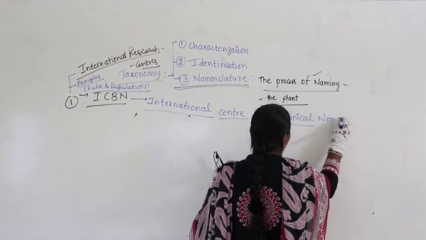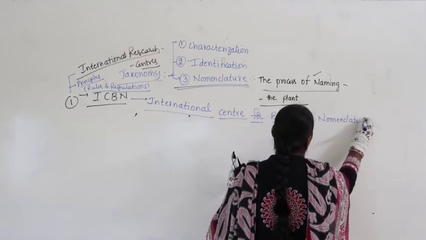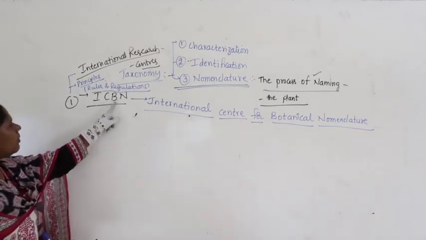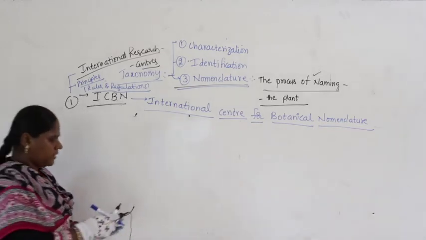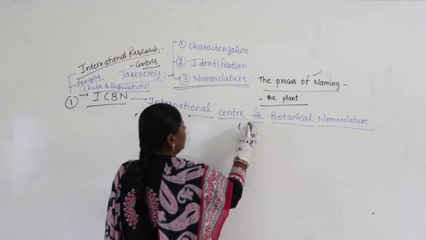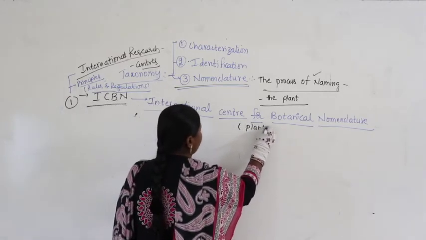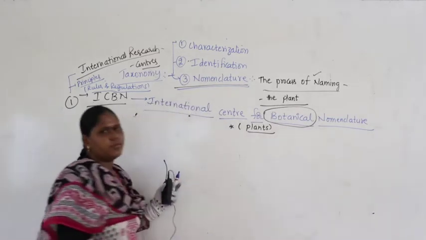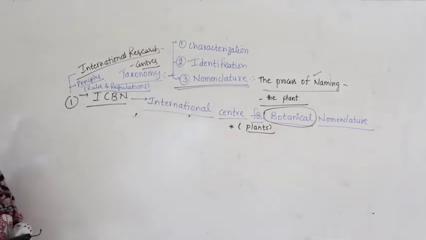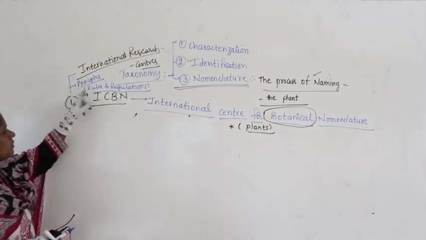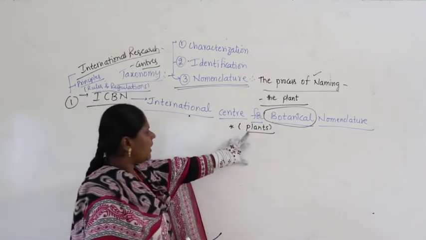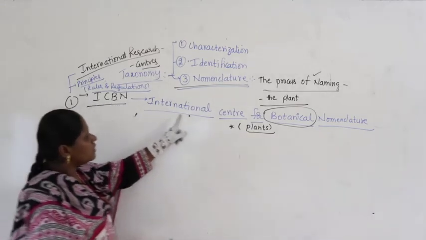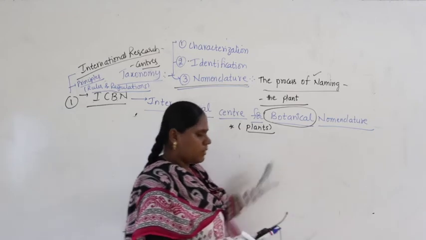This is used for giving names to plants, because it is for botanical nomenclature. This is one of the international organizations which gives certain principles, rules and regulations for naming plants. What is ICBN? International Center for Botanical Nomenclature.